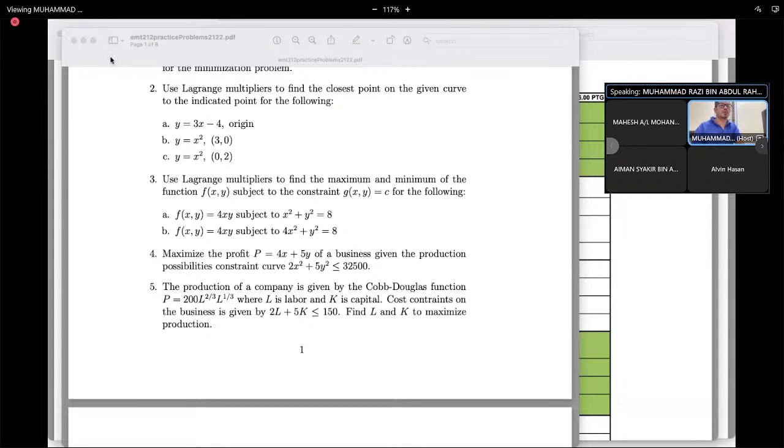Okay, you should be able to see my OneNote now. Extend the page.